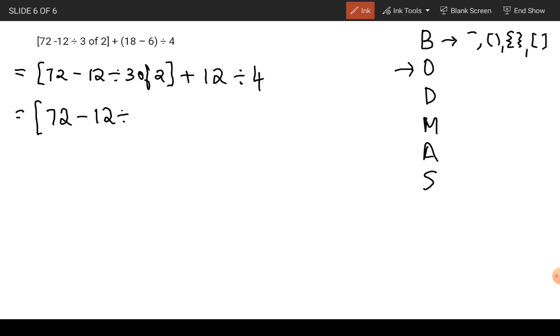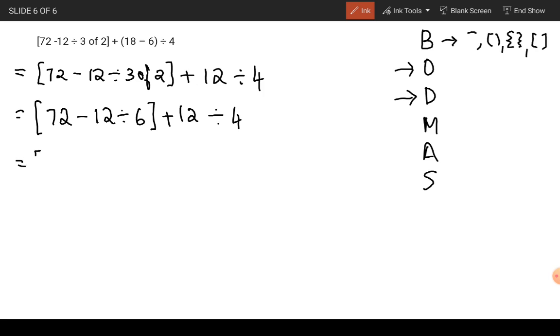The only difference is the of will always get solved first. So 3 into 2 is 6 plus 12 divided by 4. We still have to finish solving the square bracket. Inside the square bracket we have a subtraction and we have a division. The division has to be solved first.